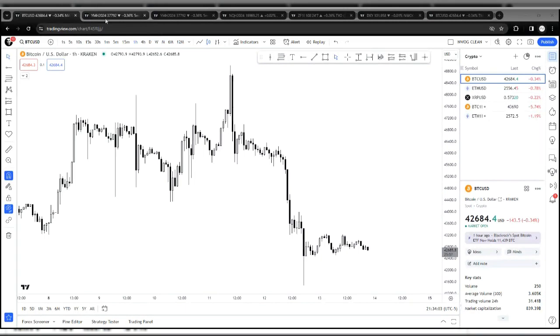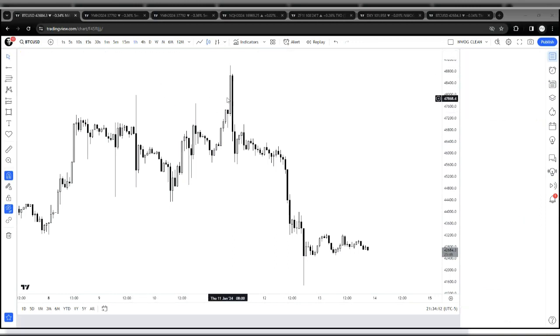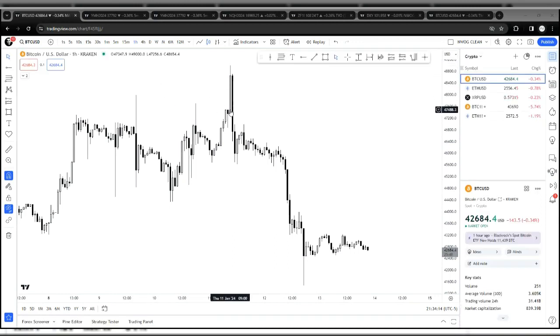Okay, so as I said, I'll just be reviewing Bitcoin's price action today, and before you can get a good understanding of why price reversed, you must know that there was a higher time frame level that was the base of this down move right here.